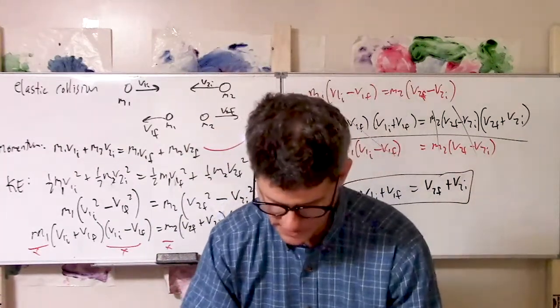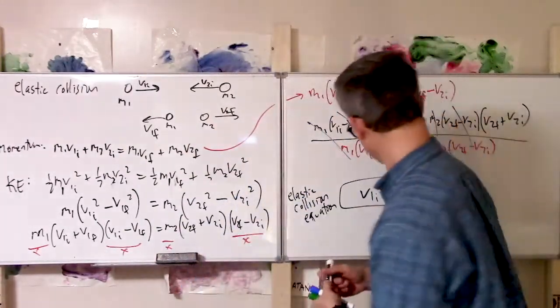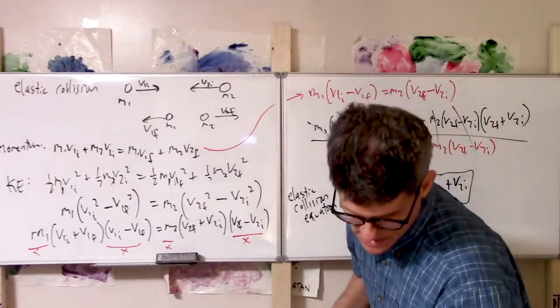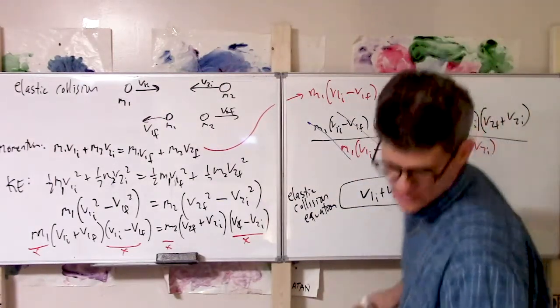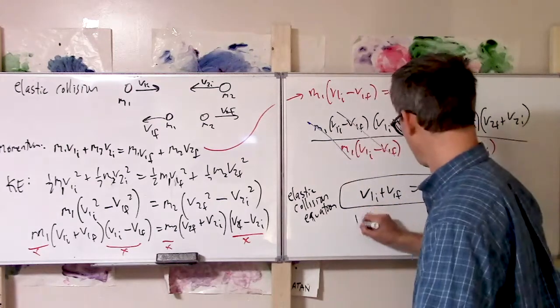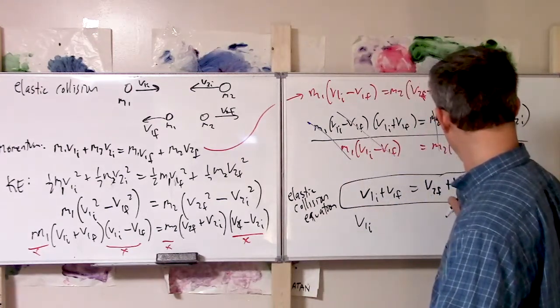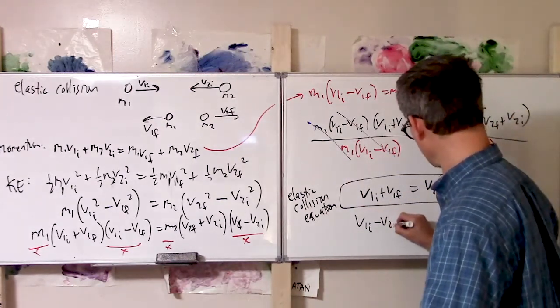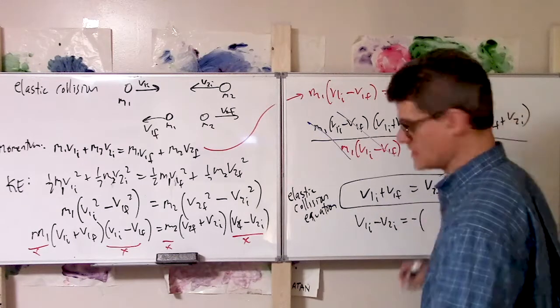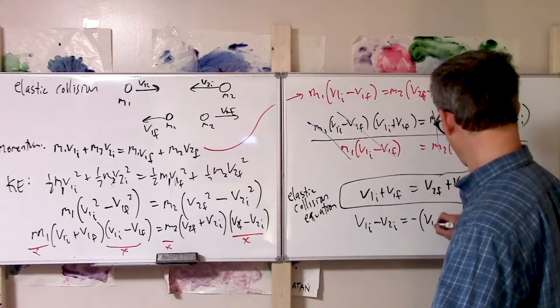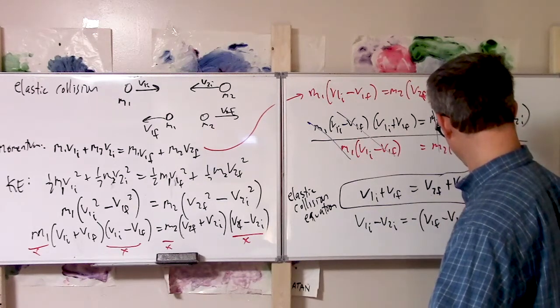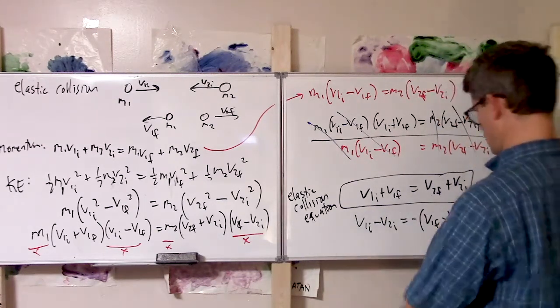But there's another form we can write it in which gives us some conceptual understanding. And that is this: V1 initial minus V2 initial equals negative V1 final minus V2 final. You can convince yourself that that's correct.